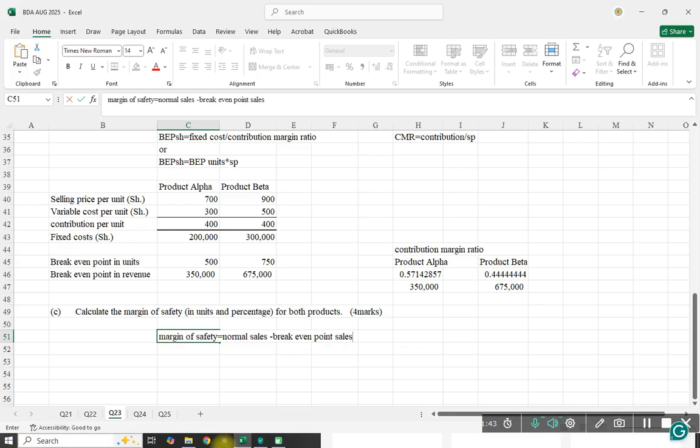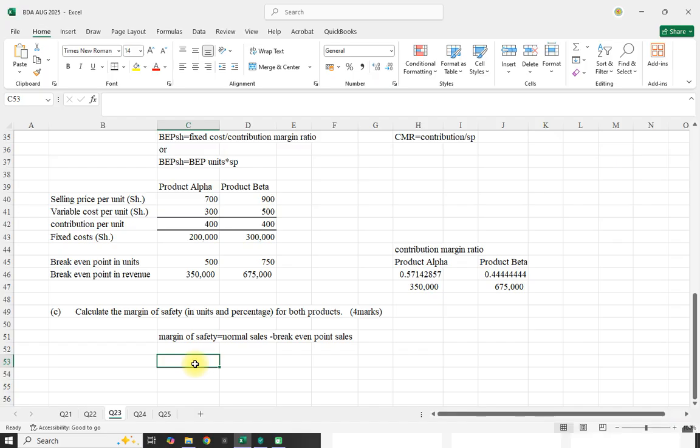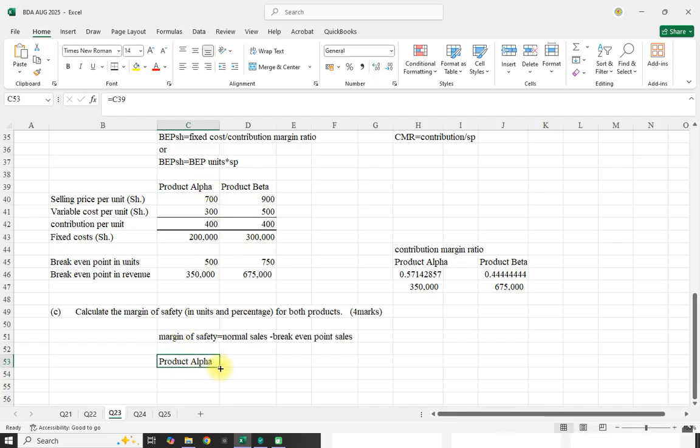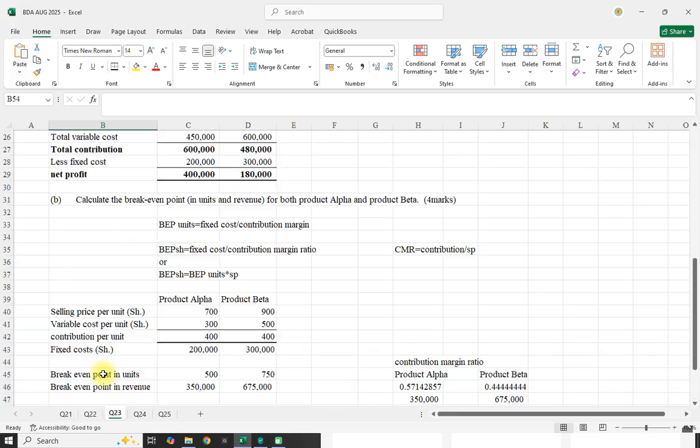Normal sales minus break-even point sales. That will give you the margin of safety. So I do it for both product alpha and product beta.